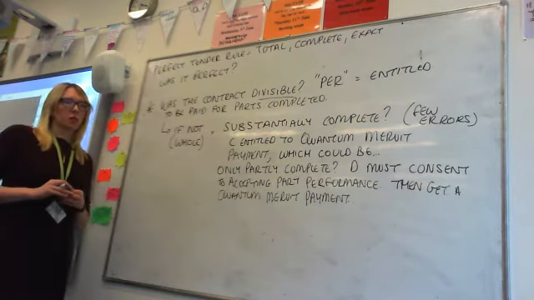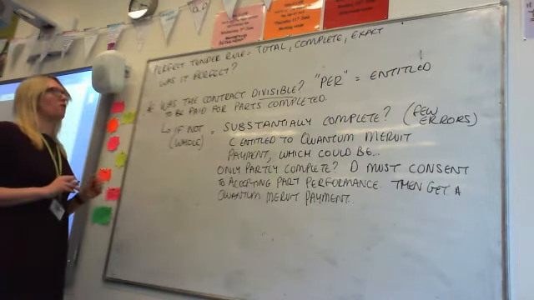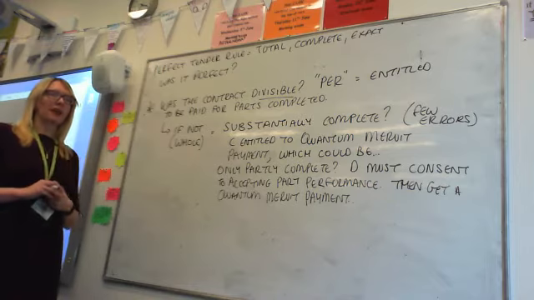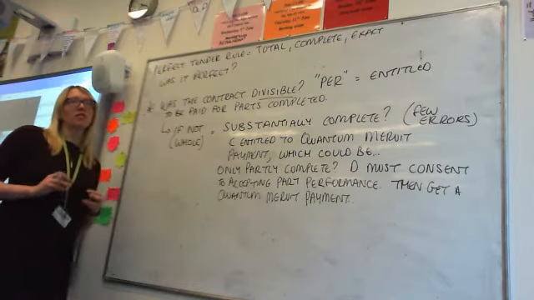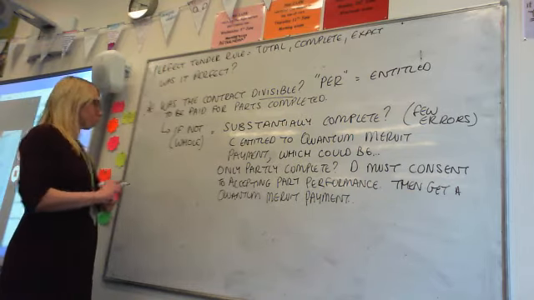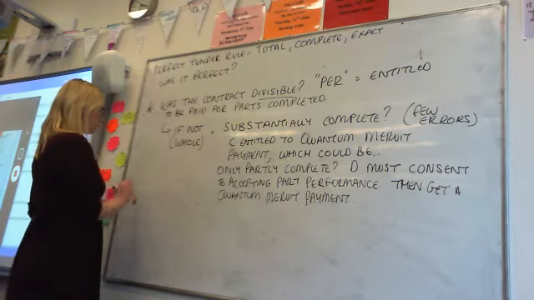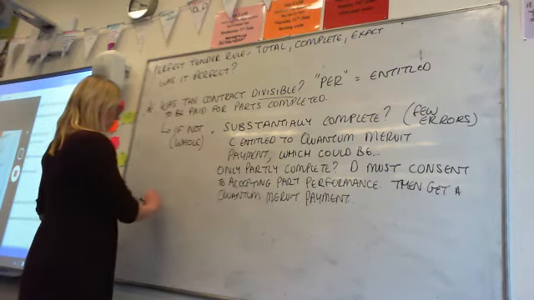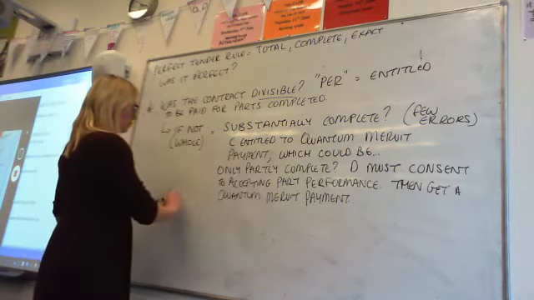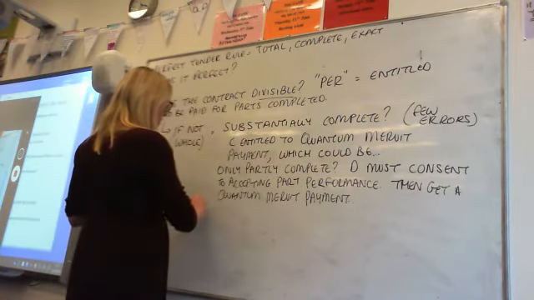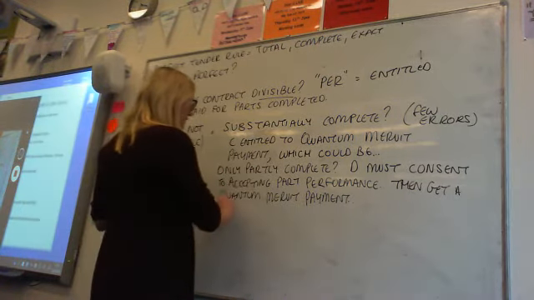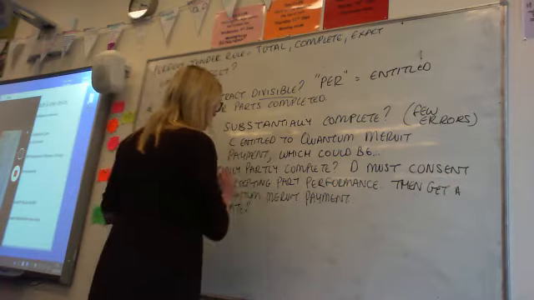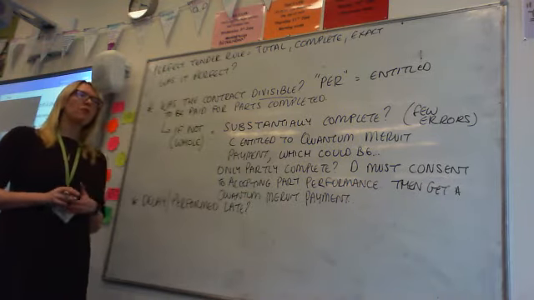The other reason why a contract might not be performed totally, completely and exactly is down to timing. It might be that there was a delay in performing the contract. What if it was performed late?